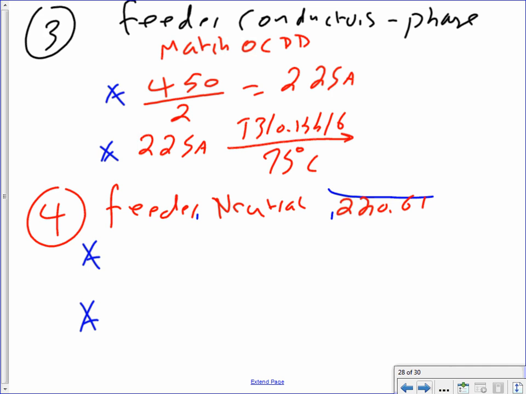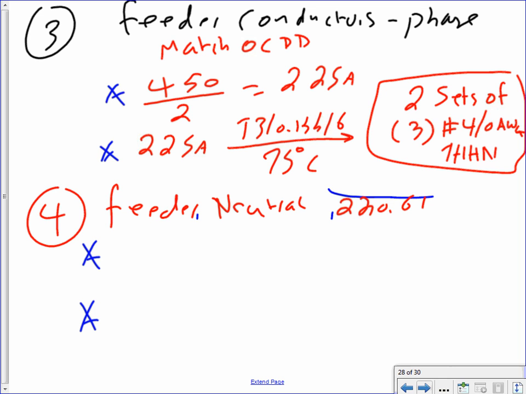Is that 4-aught? Yeah. Thank you. 4-aught. That will be two sets of 3 conductors. Each one of them is number 4-aught AWG THHN. Gentlemen, you got yourself your mechanical panel size.